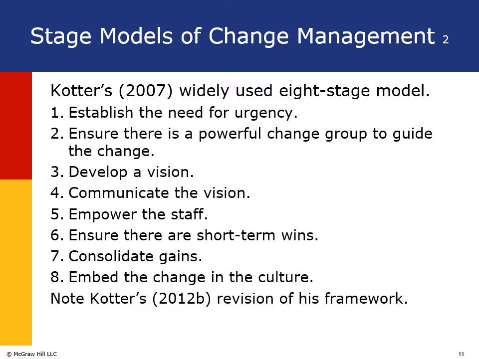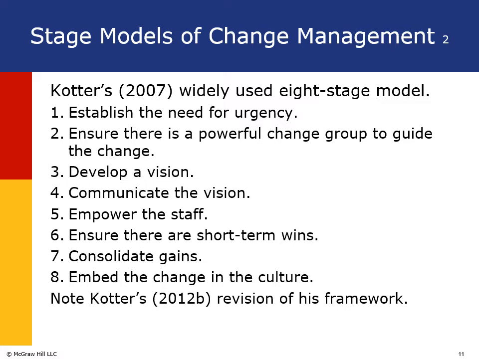We have Kotter's eight-stage model. This is probably the most used, most cited, most widely accepted stage model of change. The book does a pretty good job of summarizing Kotter's eight-stage model in table 10.5.